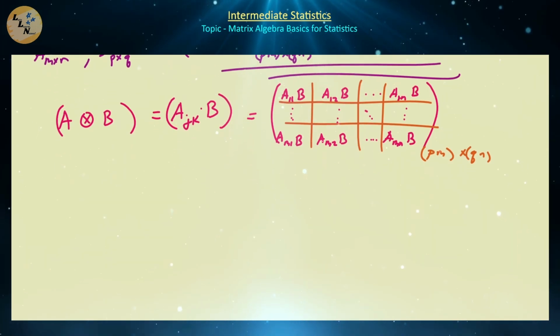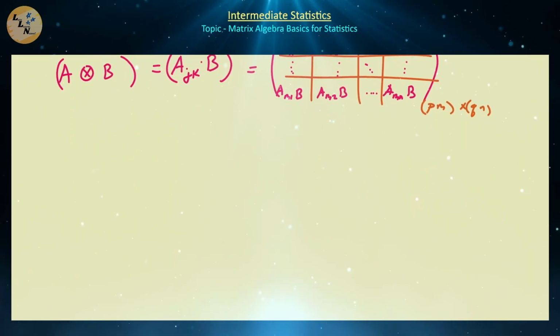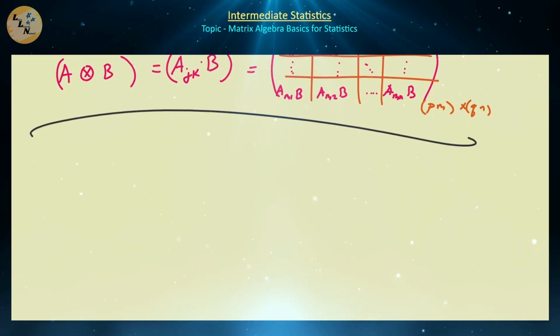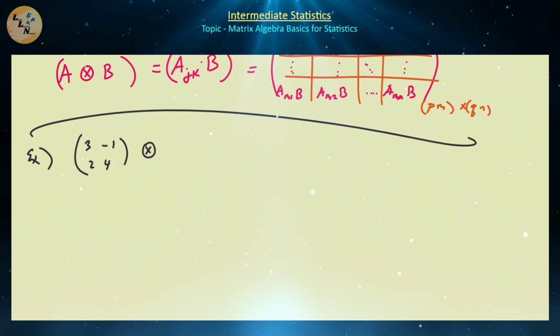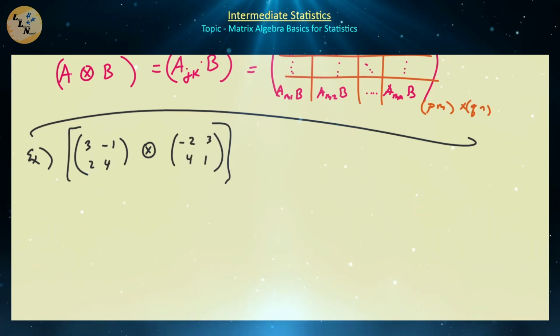So let's do a quick numerical example just to see how to calculate a Kronecker product. Let's assume we want to find the Kronecker product of [3, -1; 2, 4] with [-2, 3; 4, 1]. Obviously we have a 2 by 2 Kronecker product with a 2 by 2, so our resulting matrix is going to be a 4 by 4.